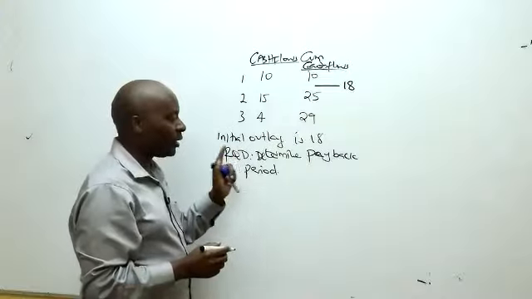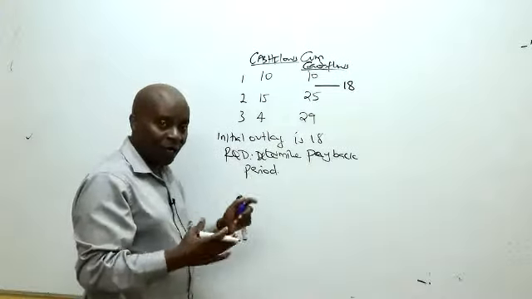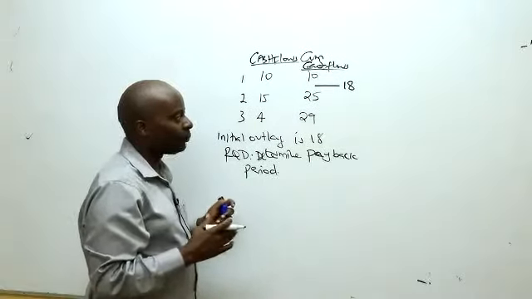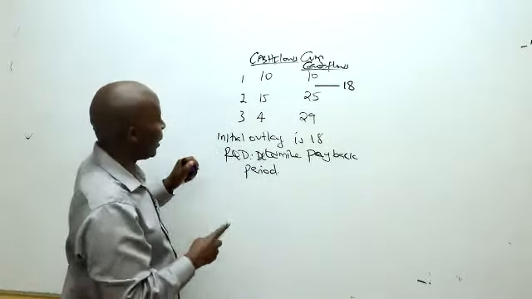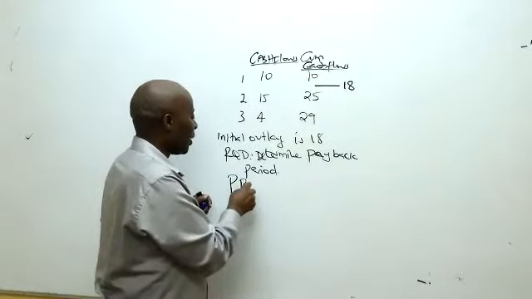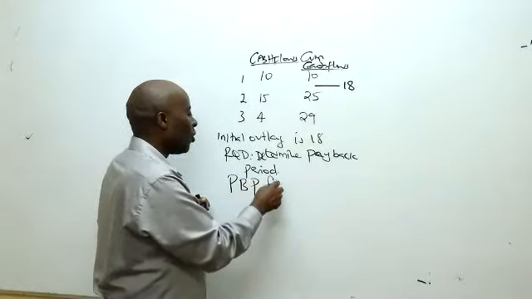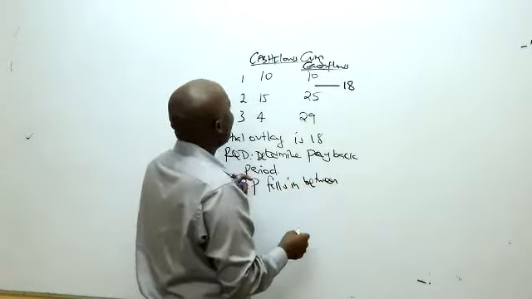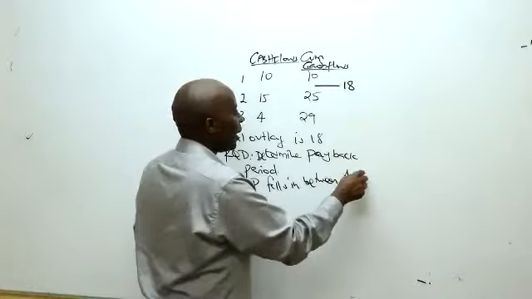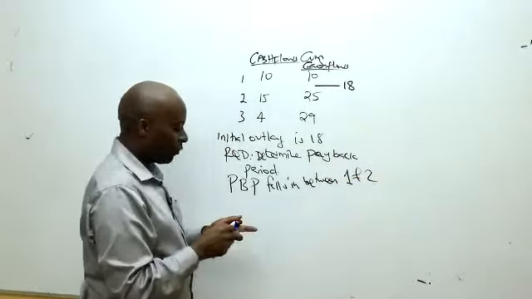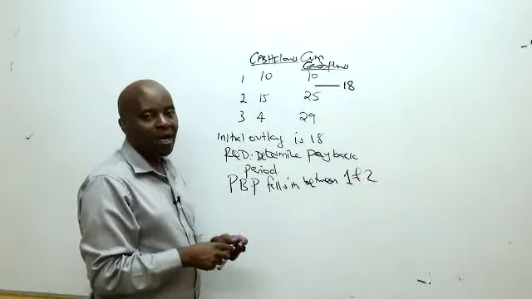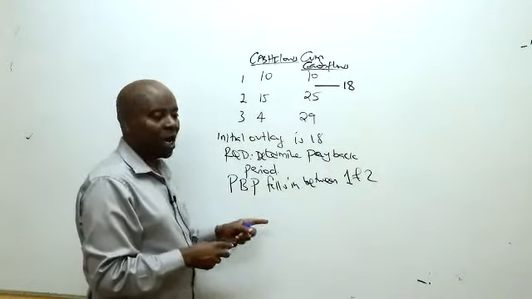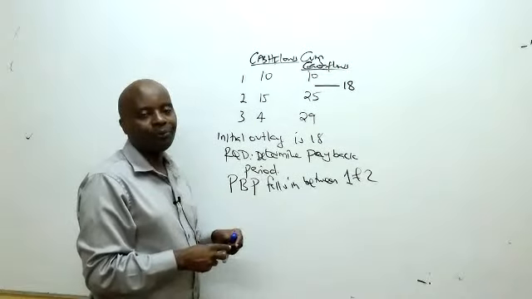We're writing this at the back of our book so that we can bring everyone up to speed with what you shall be doing today. Now, it means, ladies and gentlemen, that my payback period falls in between years 1 and 2.